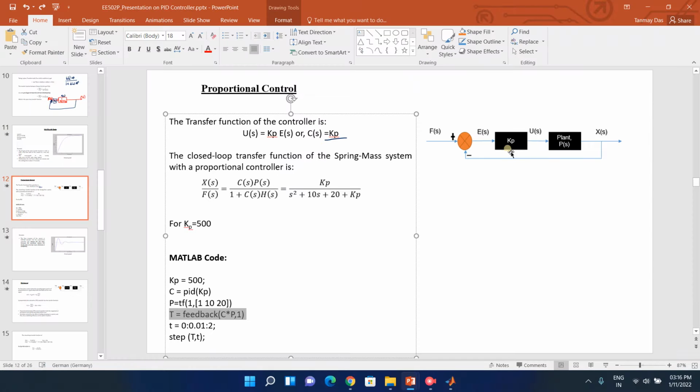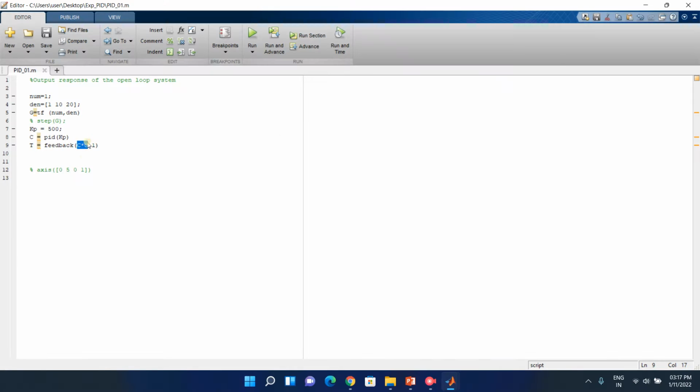So PID KP multiplied by G is the forward path transfer function, and feedback is unity.